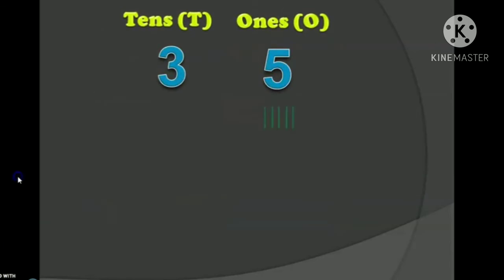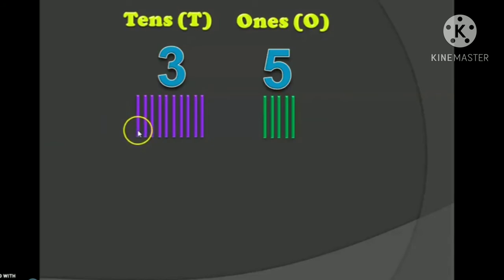As I showed you earlier, the 5 ones can be represented using 5 sticks. 1, 2, 3, 4, 5. Now, how to represent the 3 tens? So, this is a representation of 1 ten. Shall we count how many sticks are there? 1, 2, 3, 4, 5, 6, 7, 8, 9, 10.